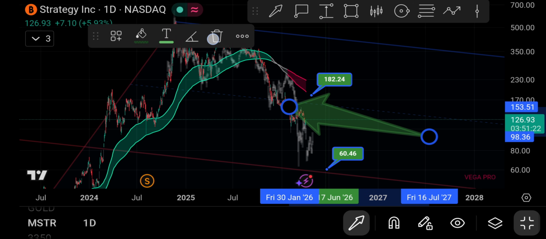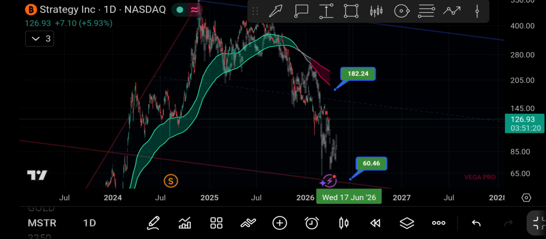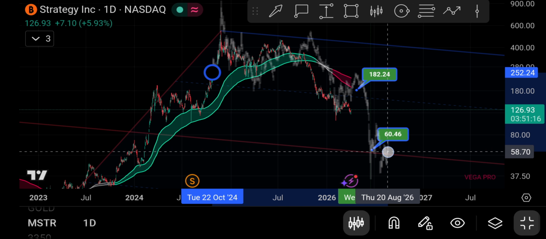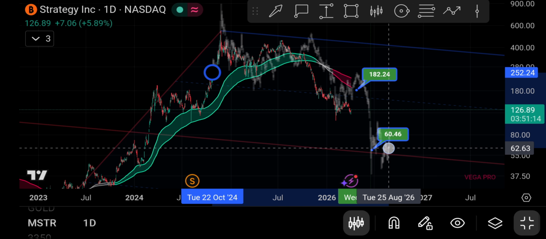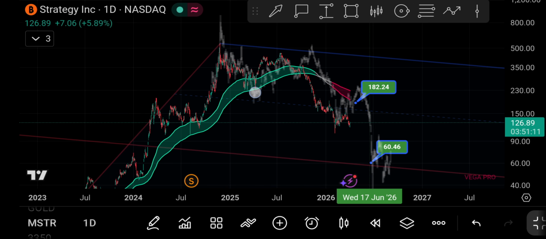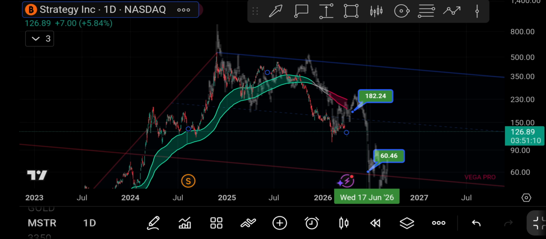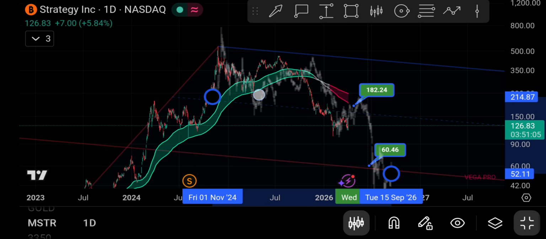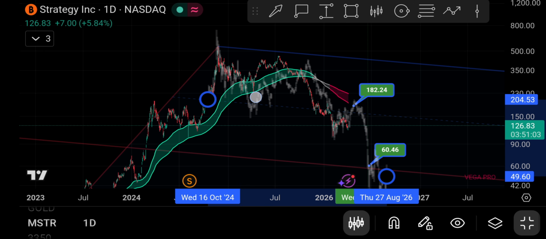But if I move the fractal a little bit, you may notice that the sun in the middle is very similar in its structure right here.